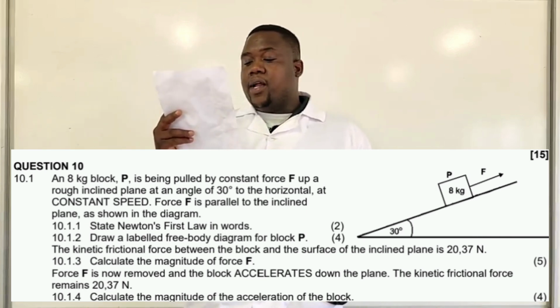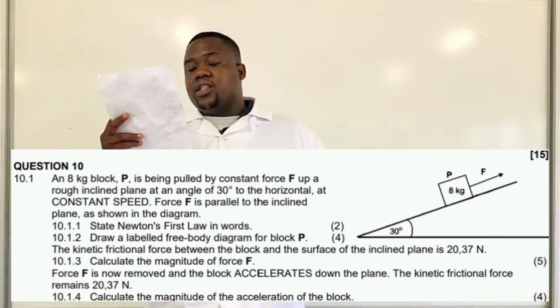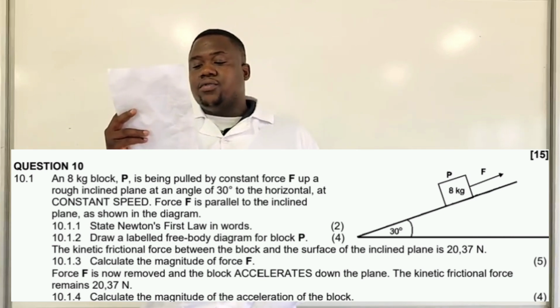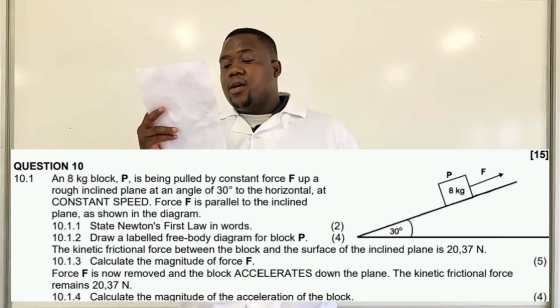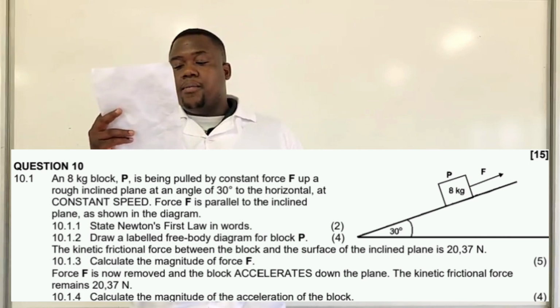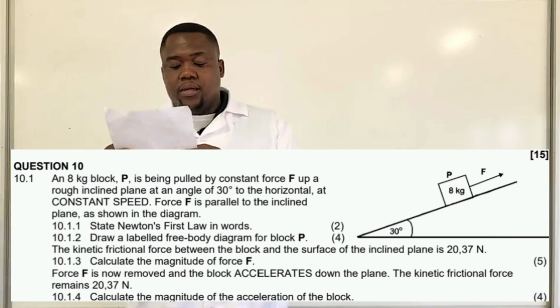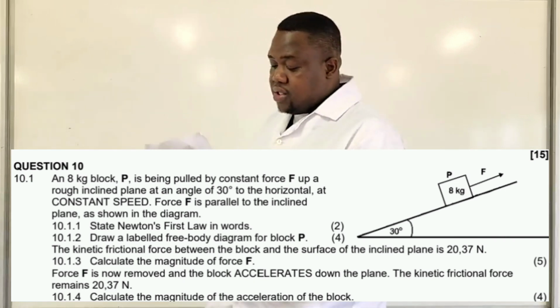Force F is parallel to the inclined plane as shown in the diagram. State Newton's first law in words. Draw a free body diagram for the block. Okay, let us start with those questions.